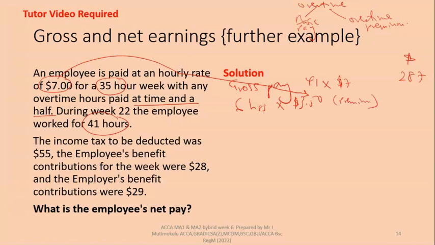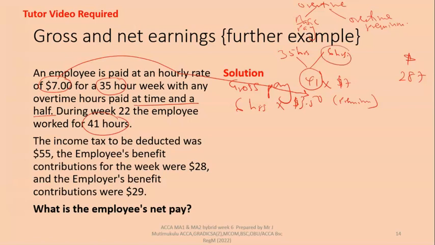Okay, the basic element has been catered for here, because we know that this 41 includes the normal 35 hours and the extra 6 hours for the overtime. So the basic pay element is the 6 hours.